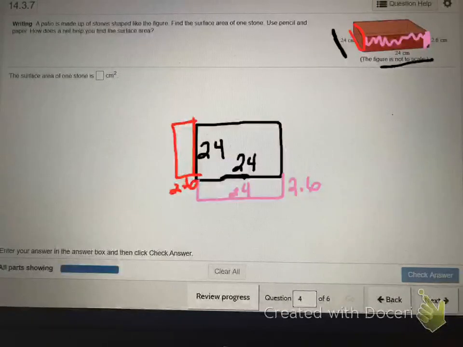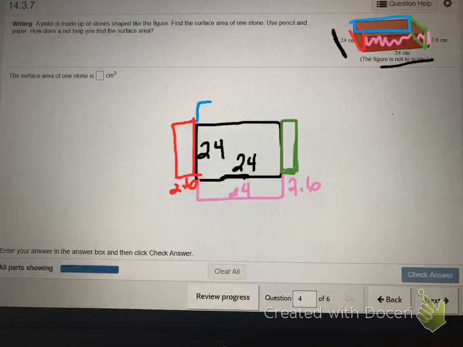Then next we're going to draw, let me switch colors, the side that's over here. And again, this is 24, and this edge here is 2.6. We need to draw this back shape right here.